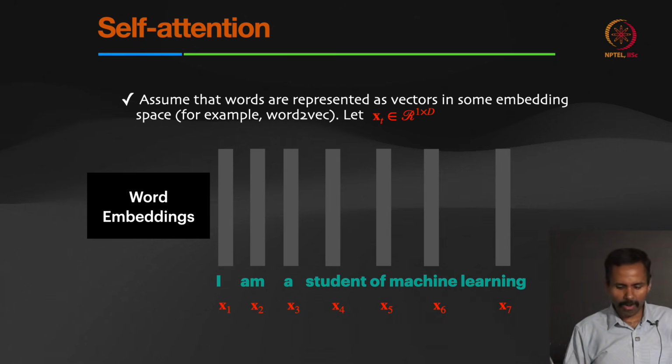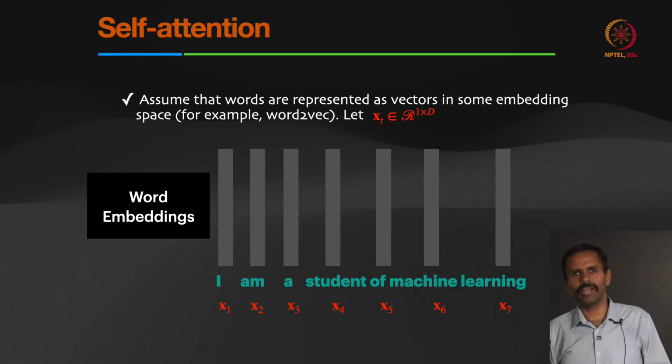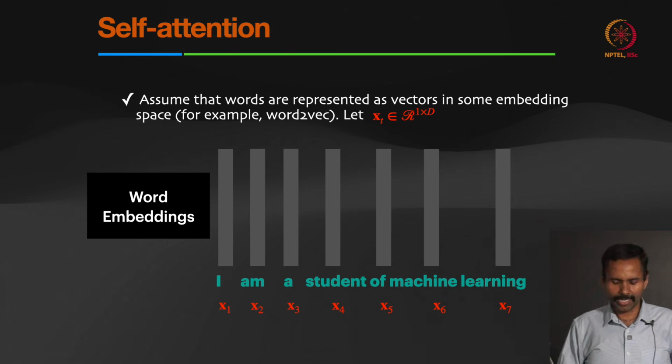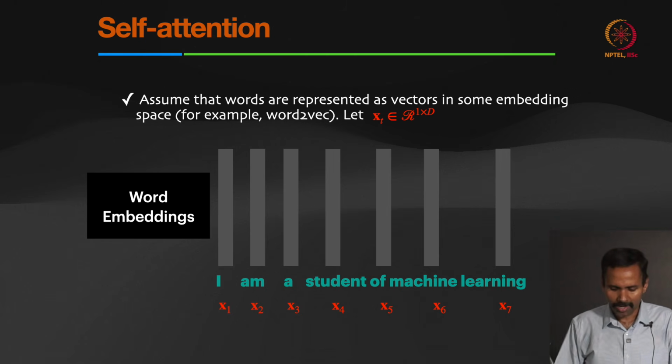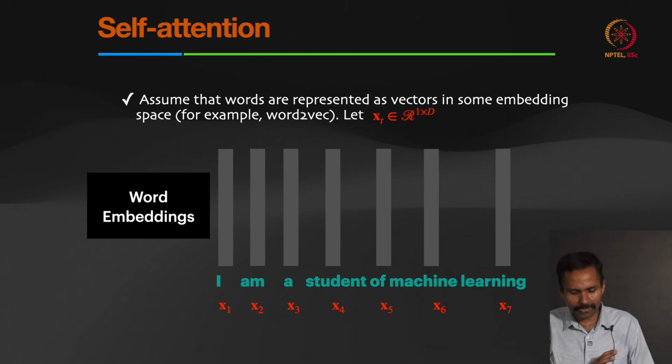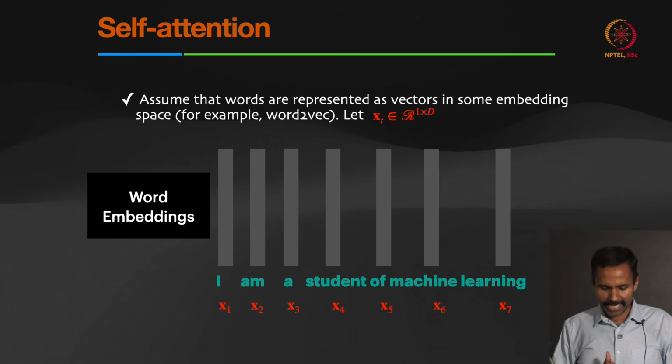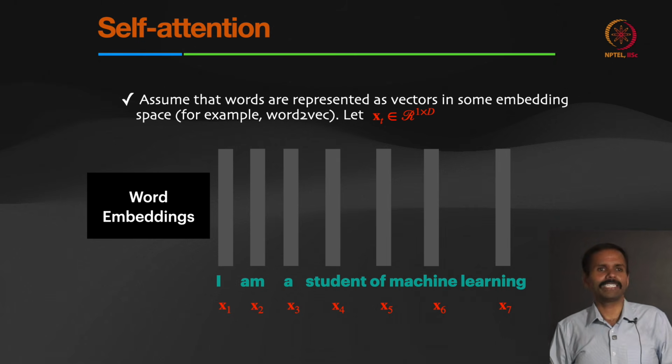So there are prior models, if you want pointers, like word2vec kind of embeddings, hash maps of text, and various other prior works that have led to converting pieces of text to vector representations. But for our discussion, assume that your sentence, which consists of in this case 7 words, has each word as a vector.